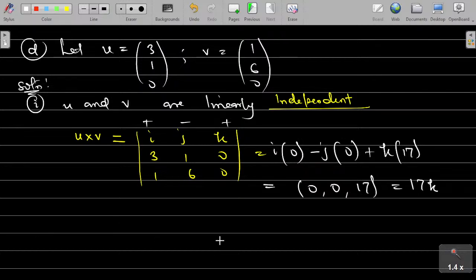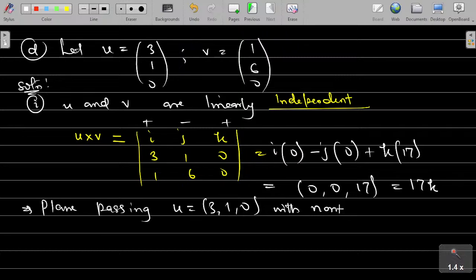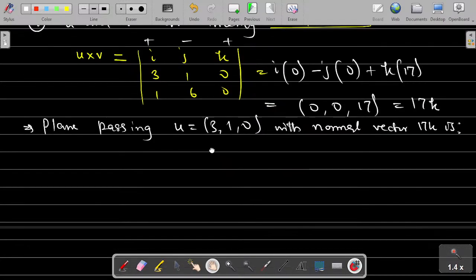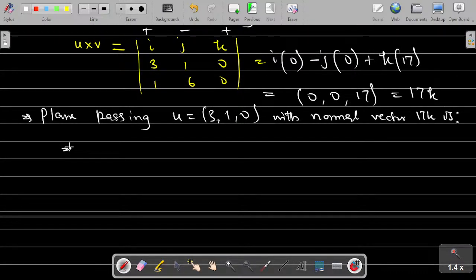So let's use U. If we do that, this implies that the plane passing through U equal to 3, 1, 0, with the normal vector we just found, 17K, is going to be 0.